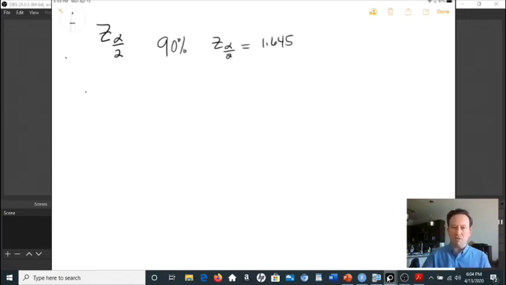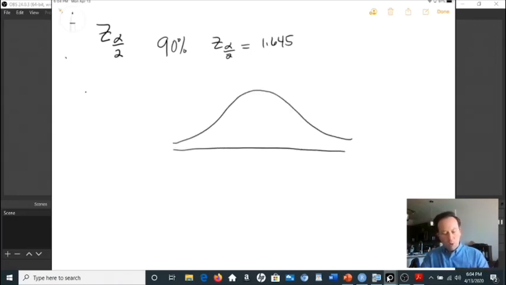Where is that coming from? First, it's coming from our bell curve, where 90% of the data is contained between 2 particular values. And remember, because of symmetry, they're the same value but opposite in sign. One is positive, one is negative.